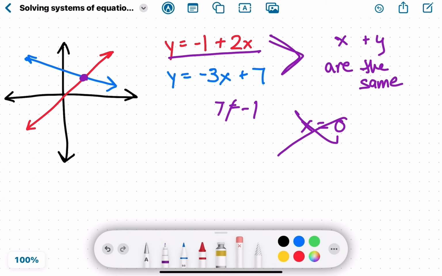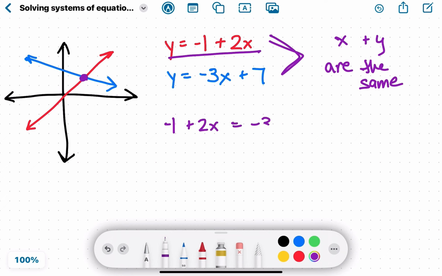Okay, so to solve this algebraically, we're trying to get them equal to each other. We're basically saying negative 1 plus 2x equals negative 3x plus 7, right? Because setting them equal to each other would give you the answer that fits in both. Because if y is equal to y, right? Let me do it in the colors.